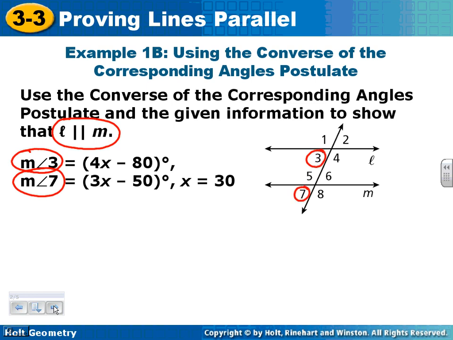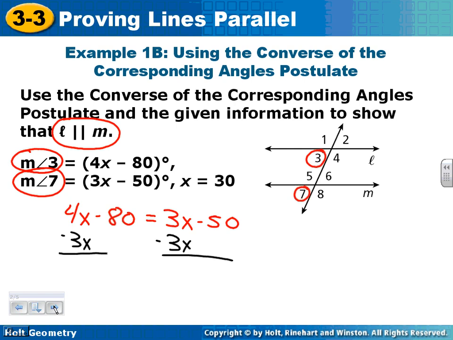So that would mean that 4x minus 80 equals 3x minus 50. Well, let's solve that. If I subtract 3x from both sides, that gives me x minus 80 equals, this is gone, negative 50.